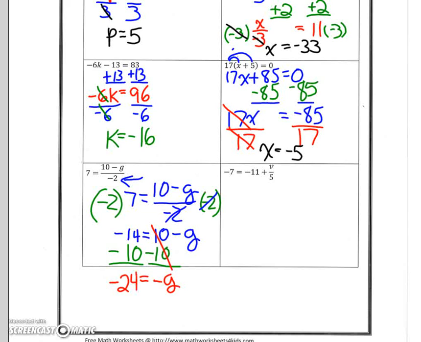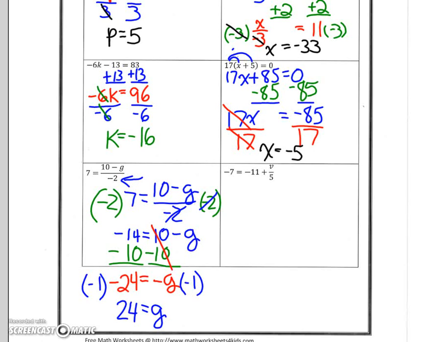Now we don't want to express the variable as a negative, so we're going to multiply both sides by negative 1. And then we'll have 24 equals g. G equals 24. Keeping track of our negatives and expressing our variable as a positive.